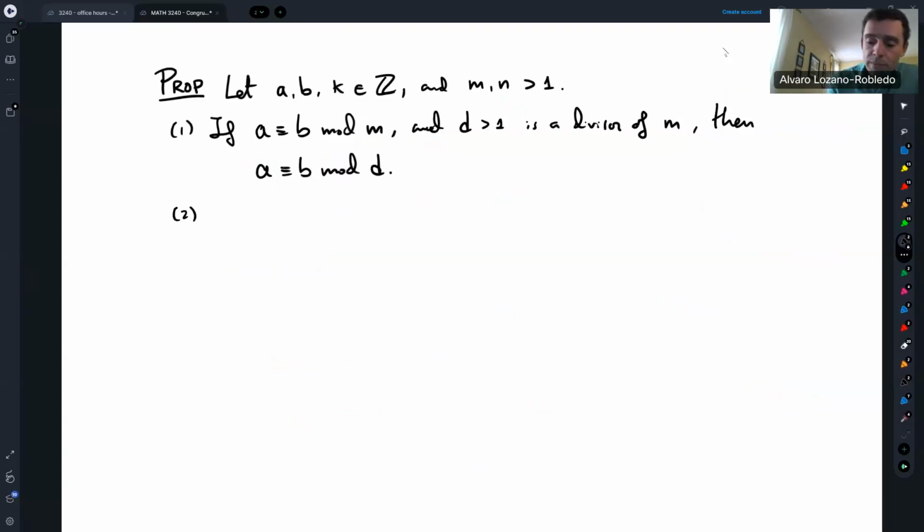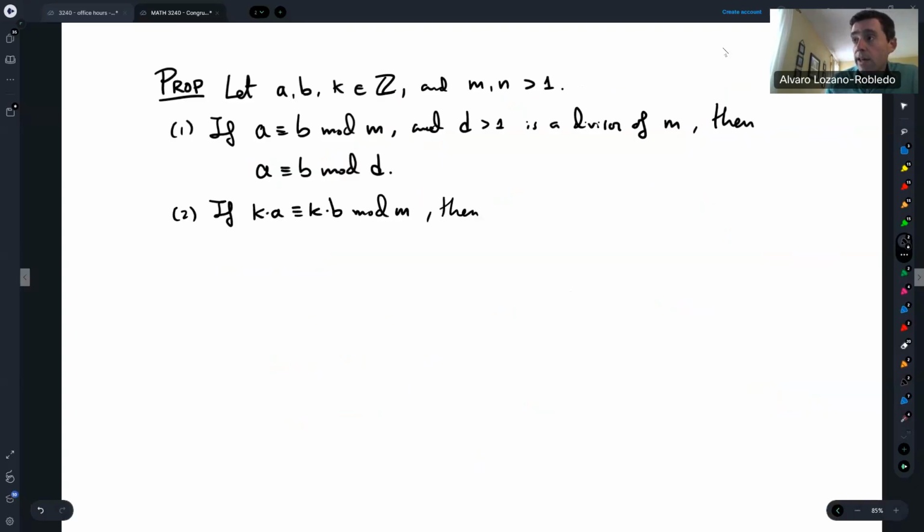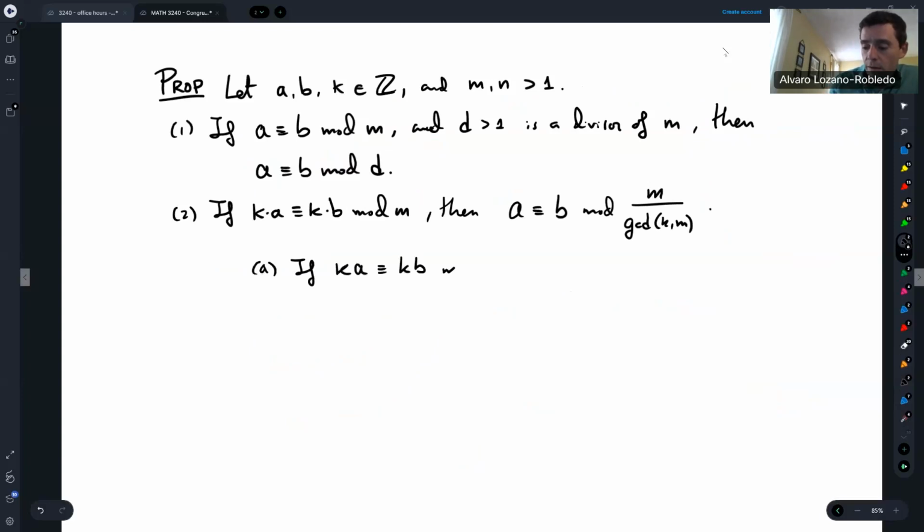And 2, if K times A is congruent to K times B, this is the case where I would like to cancel the K, then what is true is that A is congruent to B modulo M divided by the GCD of K and M. So in particular, if KA is congruent to KB modulo KN, then yes, I can cancel the K, but also in the modulus.